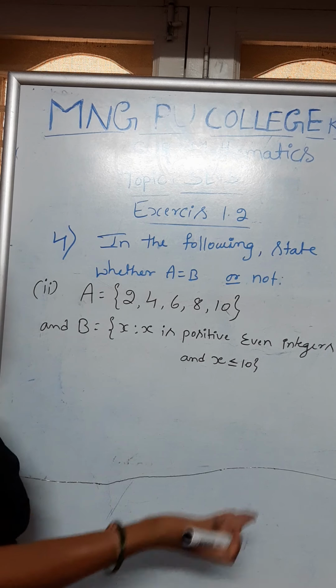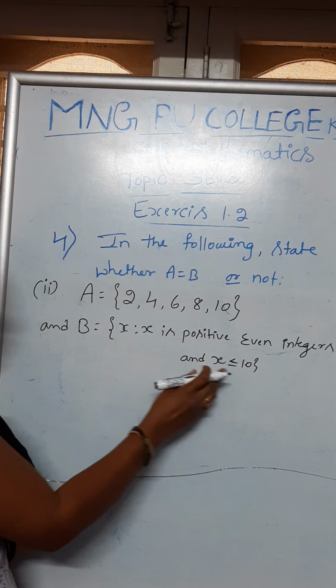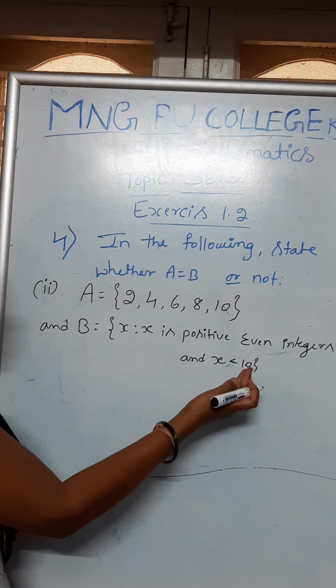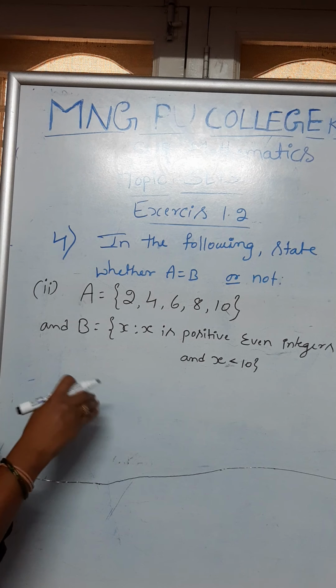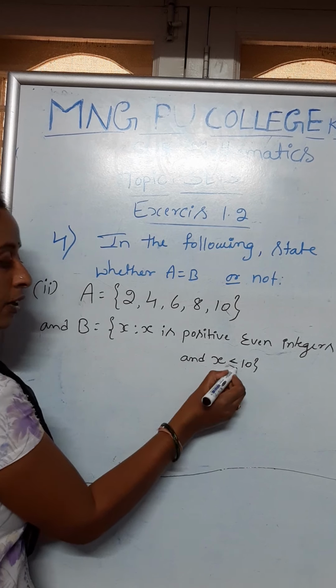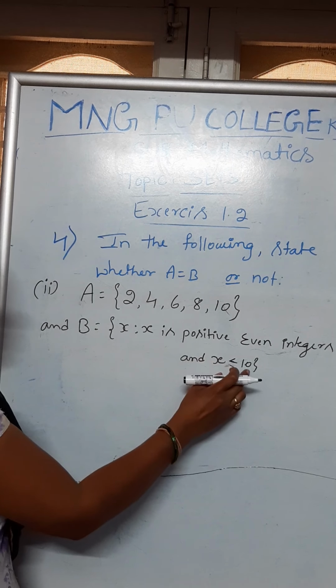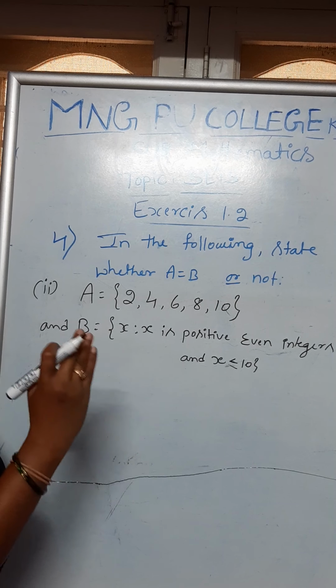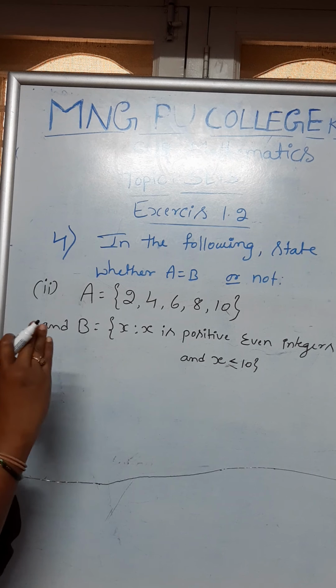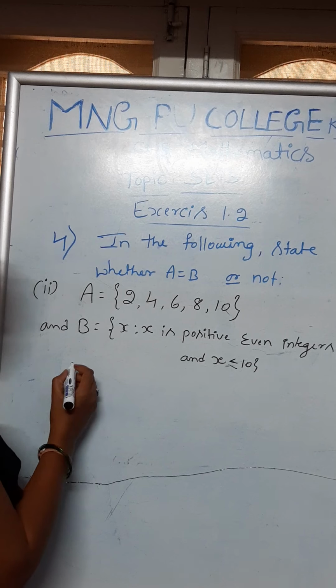If it were only less than 10, we would take the even numbers before 10, but here equal to is also given, so we take up to 10. We should collect the even positive integers up to 10. What are they?